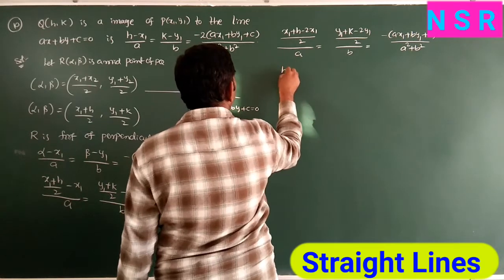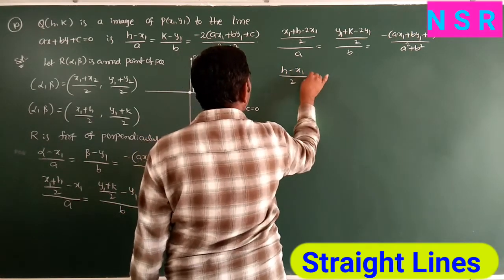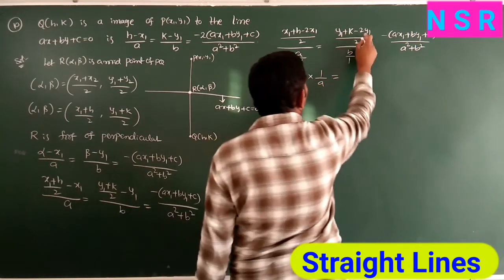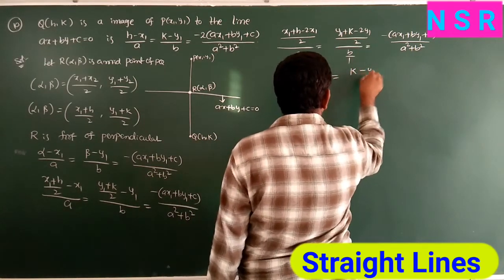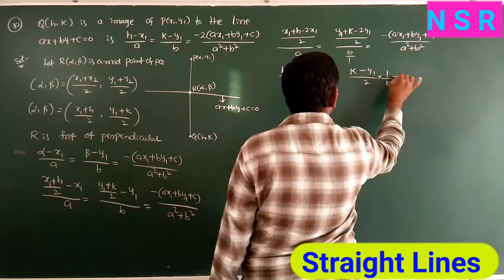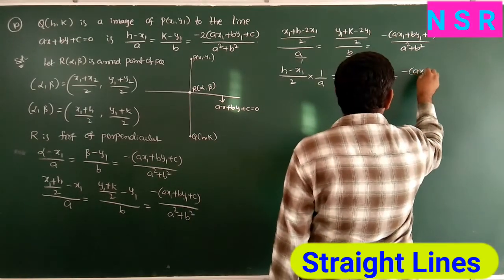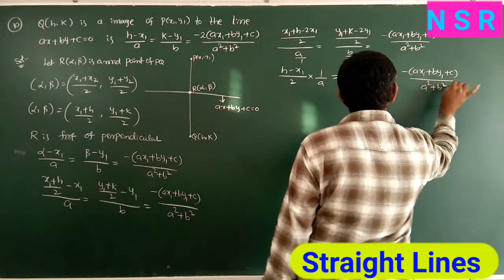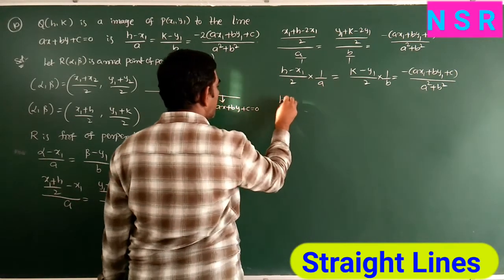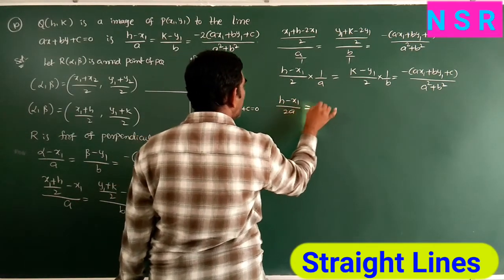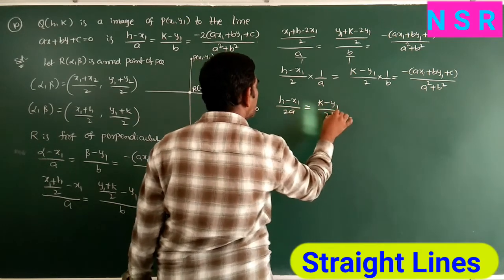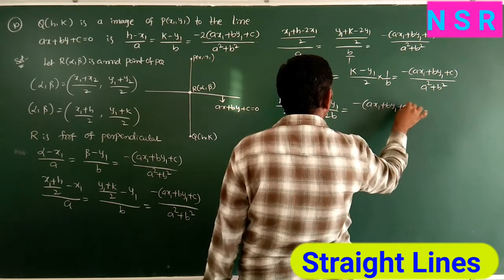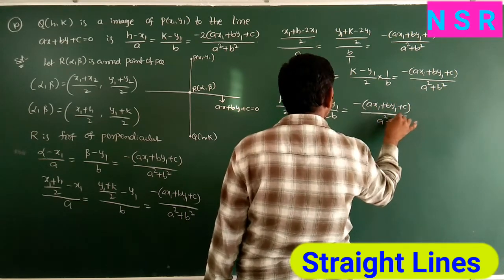So x1 minus 2x1 is minus x1, by 2 into a by 1, here b by 1, it becomes 1 by a. y1 minus 2y1 is minus y1 by 2 into 1 by b is equal to minus of ax1 plus by1 plus c by a square plus b square. Now we get h minus x1 by 2a, k minus y1 by 2b, equal to minus of ax1 plus by1 plus c by a square plus b square.